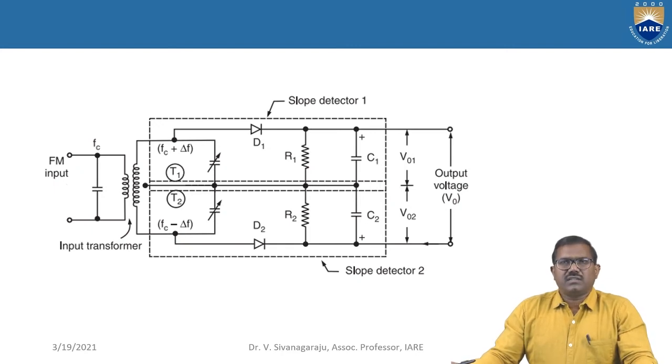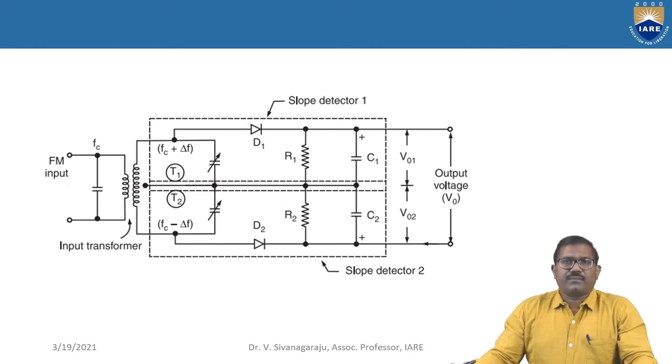In this circuit diagram, we have two slope detectors, one center tap transformer, and some filters. The input transformer has a primary winding and also a secondary.